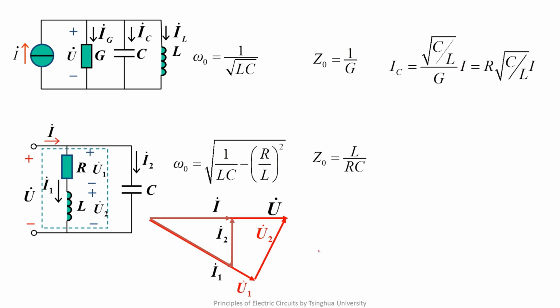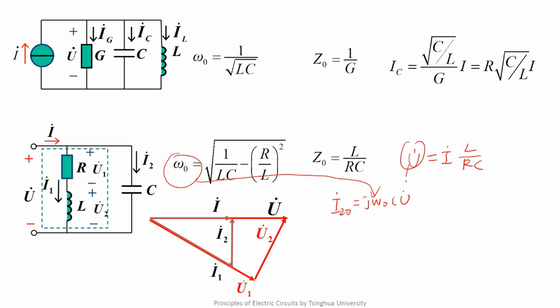Now we will derive the capacitor's current in resonance. According to the input impedance, we can get the port voltage in resonance. Then we can calculate the capacitor's current I2. By substituting the expressions of the angular frequency and the voltage, we can get this.